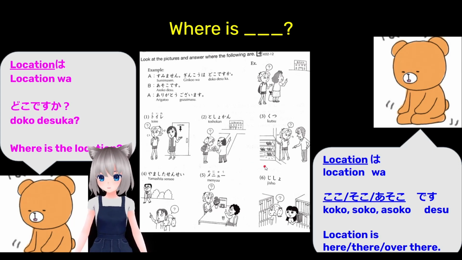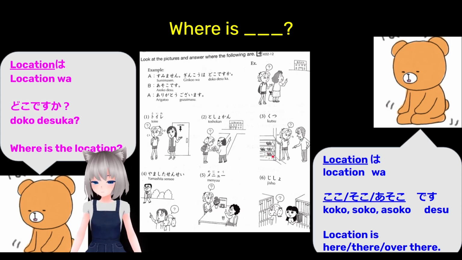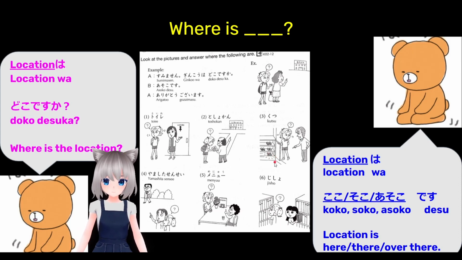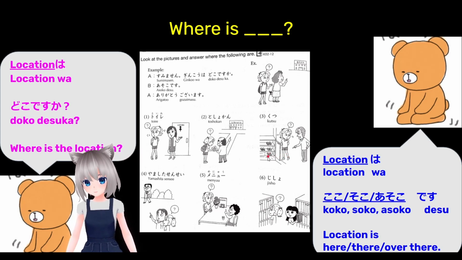Number 3. 靴はどこですか? 靴, shoes. 靴はそこです。The answer is そこ, so it's closer to Mary-san. So he said, oh, it's closer to you. そこです。This happens quite often when you visit Japan.